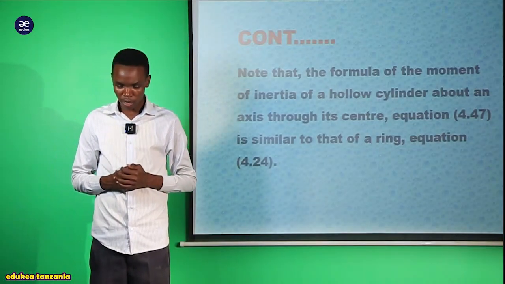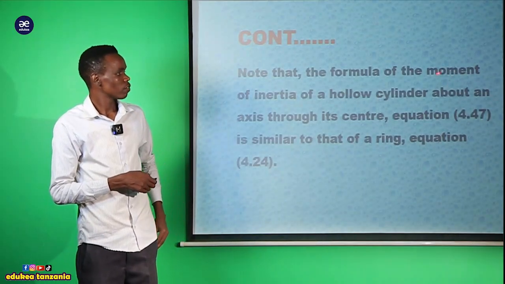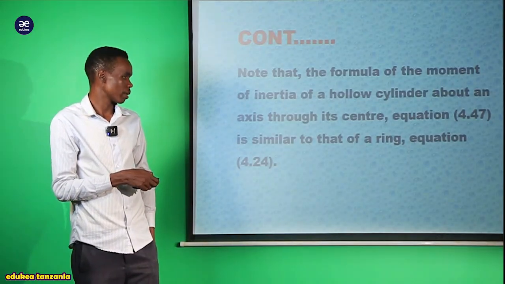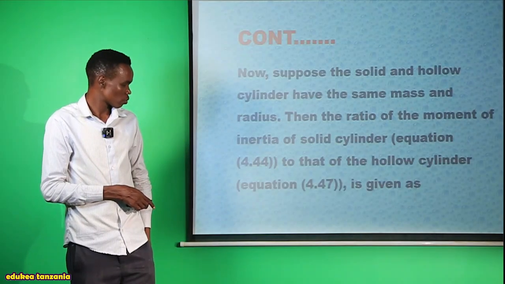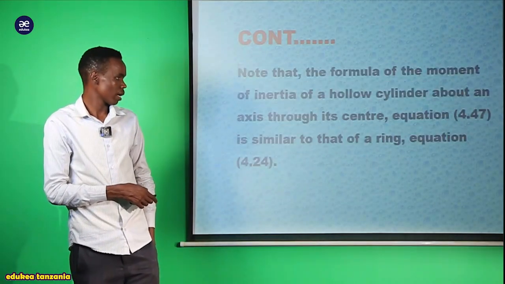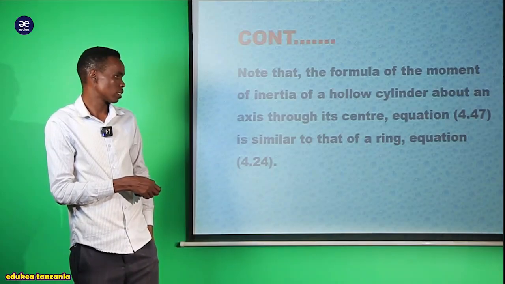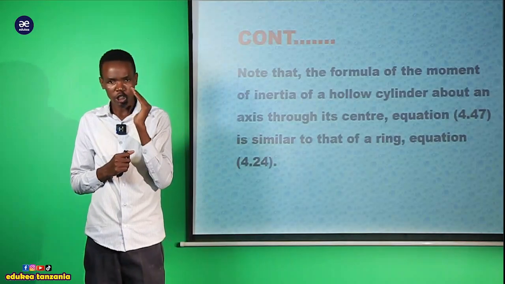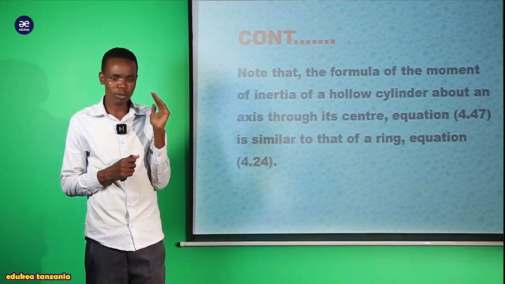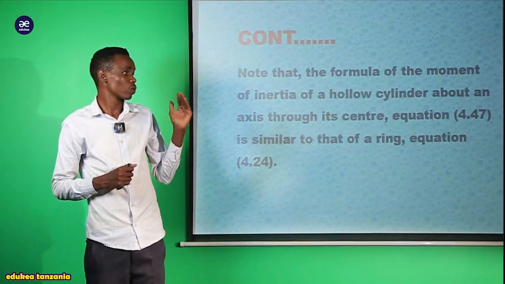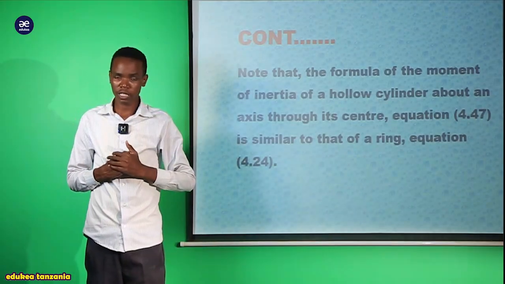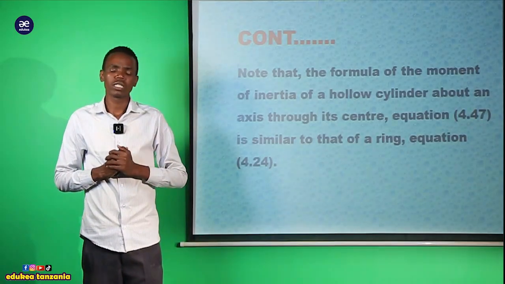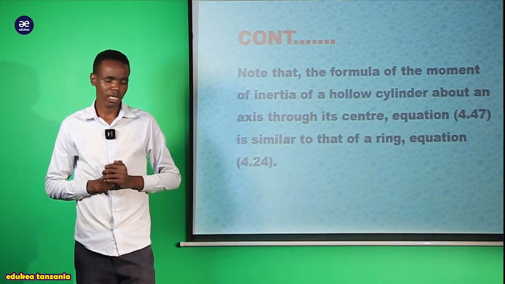After this, we are supposed to note that the formula for the moment of inertia of the hollow cylinder about an axis through its center, equation number 47, is similar to that of the ring. The moment of inertia which we demonstrated at equation number 47 is similar to the moment of inertia of the ring.